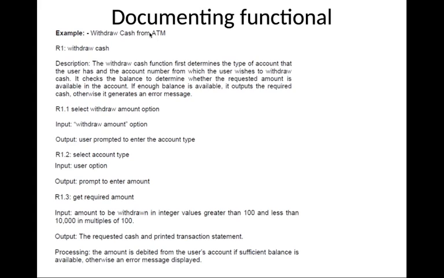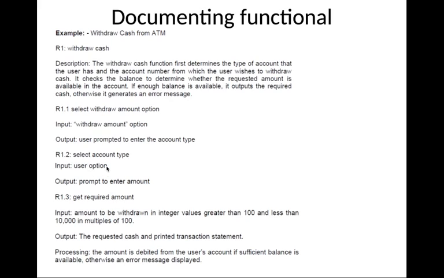This is the withdraw cash from ATM example. We have withdraw cash, and we write a brief description of what is happening inside. Then under R1 we properly number it. Under this R1.1 will happen: select withdraw amount option, input is this, output is this. Then 1.2 will happen: select account type, input, then there will be output.